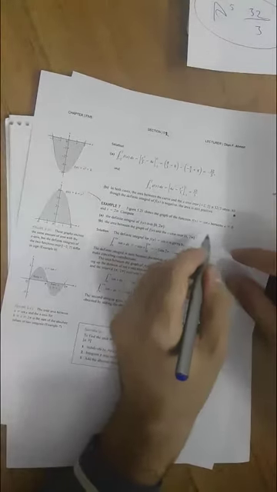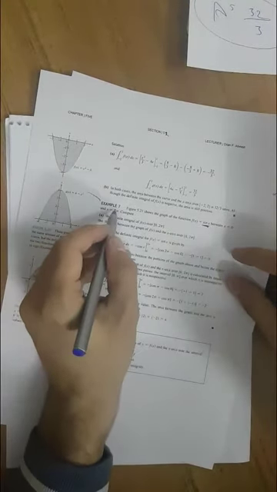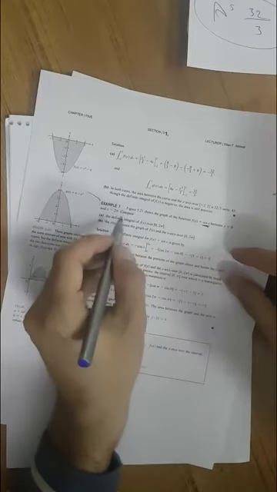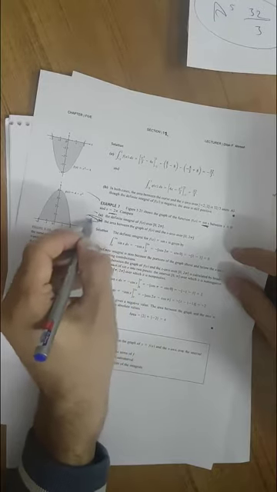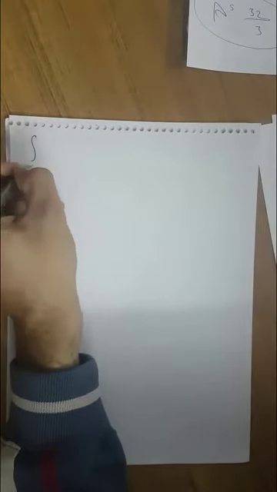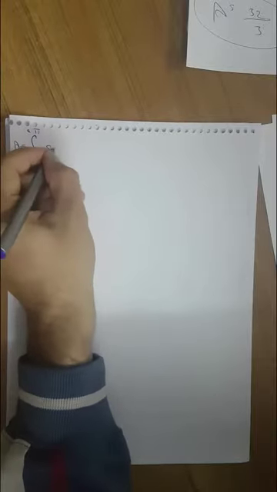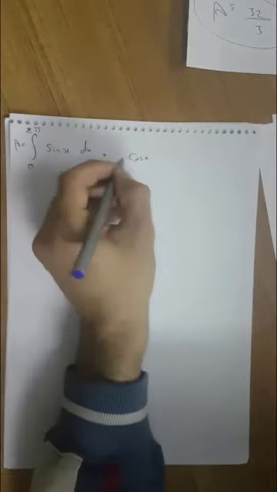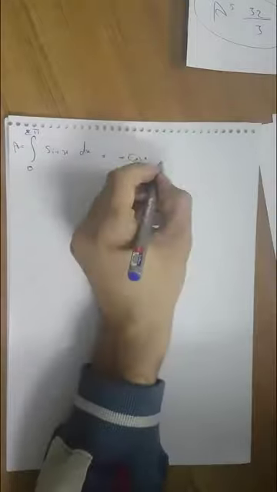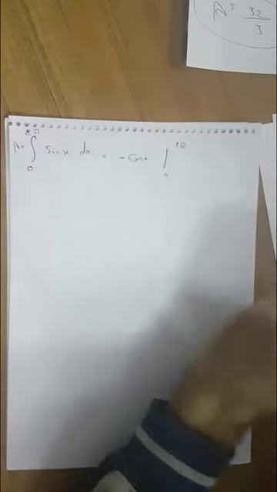How about example 7? We have the same thing, and it's very important. Sine between 0 and 2 pi, find the area. I'm going to solve it the wrong way, because if you don't make this mistake, we cannot learn how to deal with area. The integral of sine is minus cosine of x, sorry, from 0 to 2 pi, because it's definite.